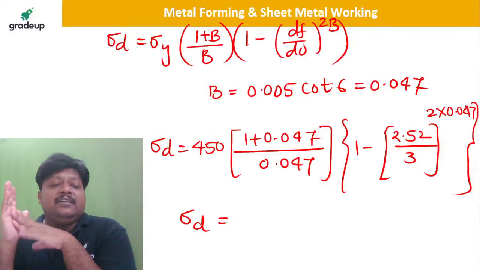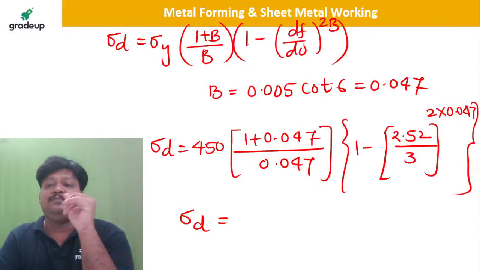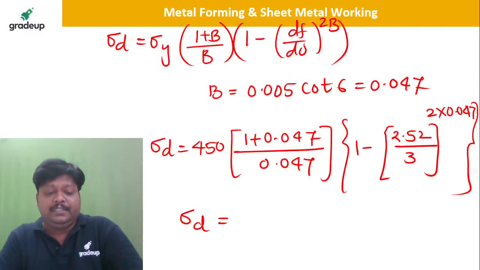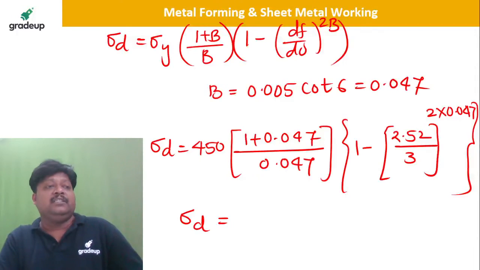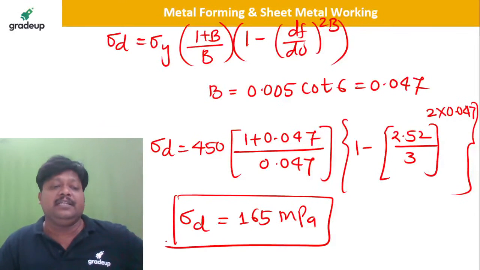Sudhir, try to tell me the stepwise things. Sigma d first, Sudhir. 2.52 divided by 3 to the power of the answer, 1 minus answer, into 1.047 divided by 0.047 into 450. Is it 165? 165 megapascal.